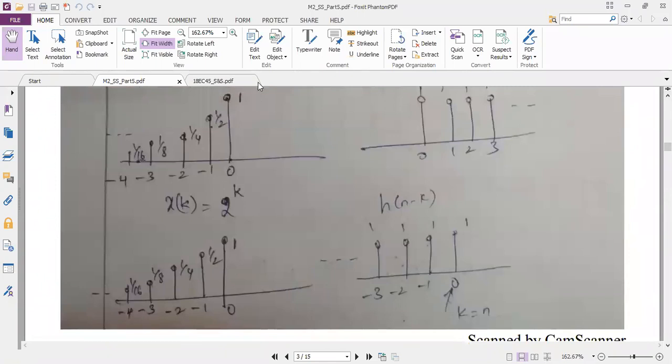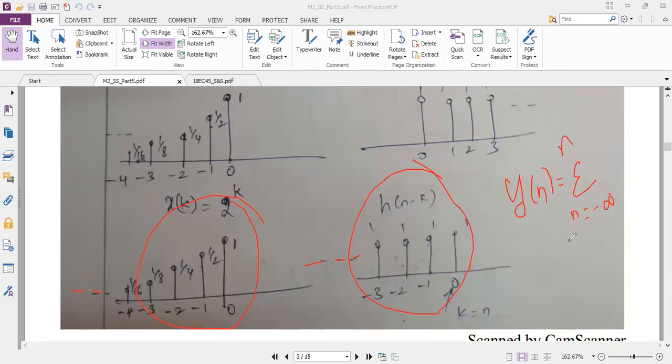See here, x of k and h of n minus k. If you see both the diagrams, I have the same positions where the samples are located. That means the minus x-axis. If the samples are located at the same places for both the diagrams, then I will get two outputs. One output depending upon the diagram, here it is from minus infinity to n. I will get one output, and my next output will be from 0 to infinity. Are you getting it?